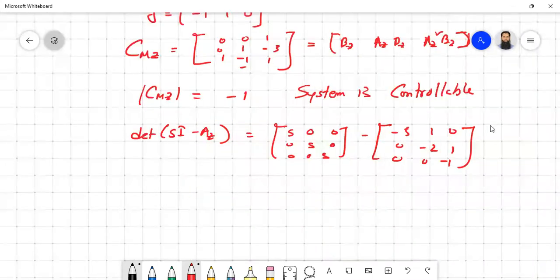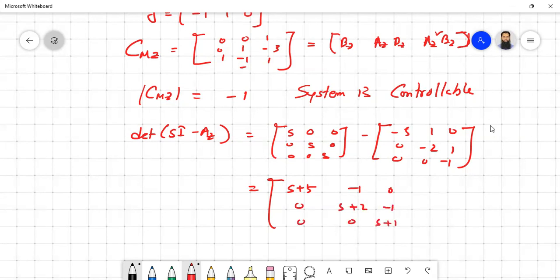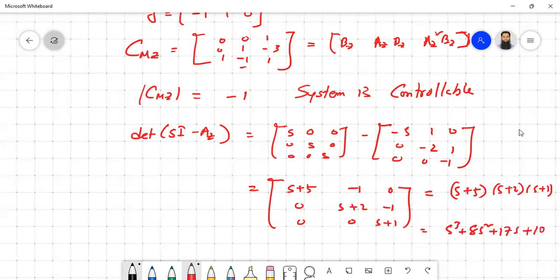And for the simplification, we'll get s plus 4, 5 minus 1, 0, 0, s plus 2, minus 1, 0, 0, s plus 1. And simply s plus 5 into s plus 2 into s plus 1. And if you just do the multiplication, you're going to get s cube plus 8s squared plus 17s plus 10. So this is our characteristic equation.